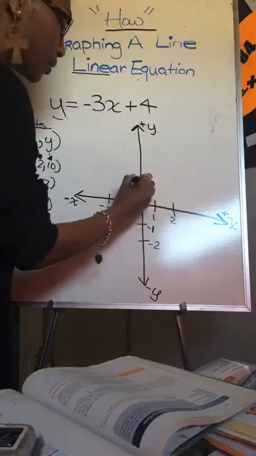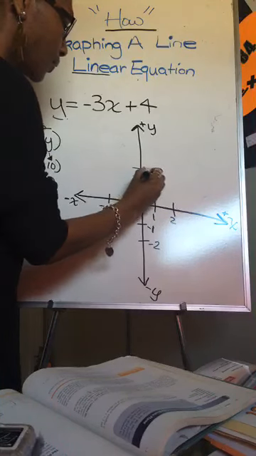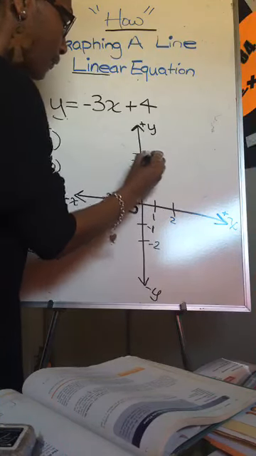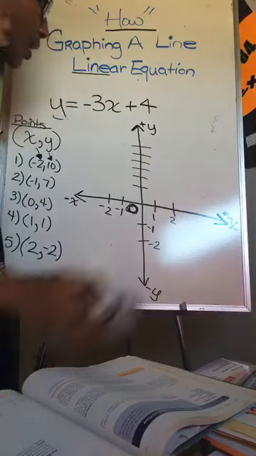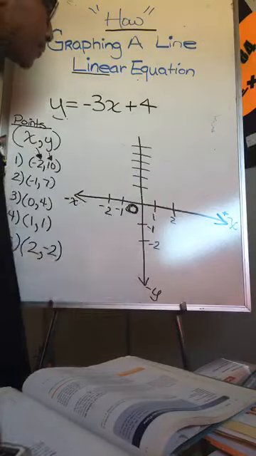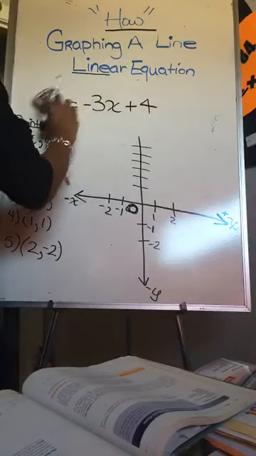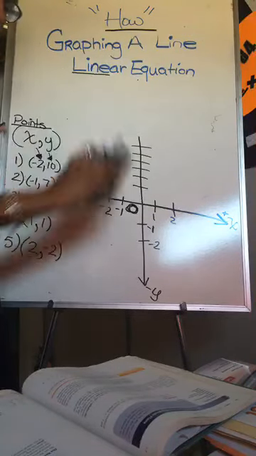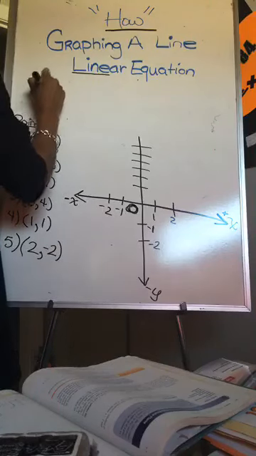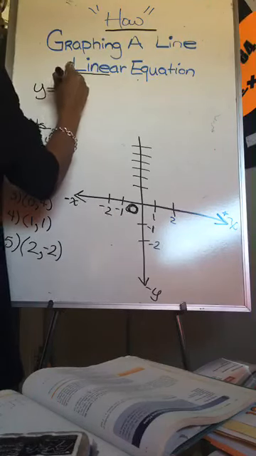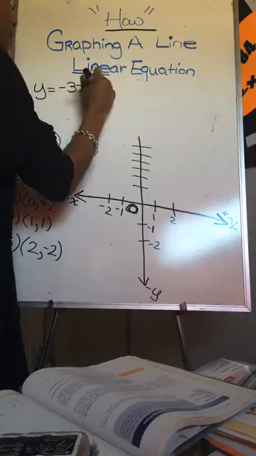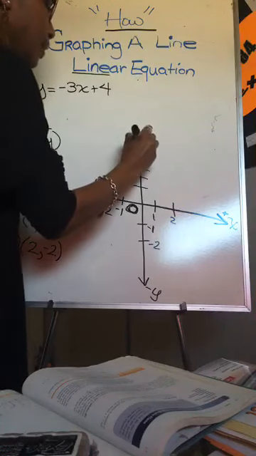Okay, so 1, 2, 3, 4, 5, 6. Uh-oh, I'm going to have to go a little higher, and I'm going to shift this up here. Let me rewrite this. So I have Y equals -3X plus 4, because I need extra room.